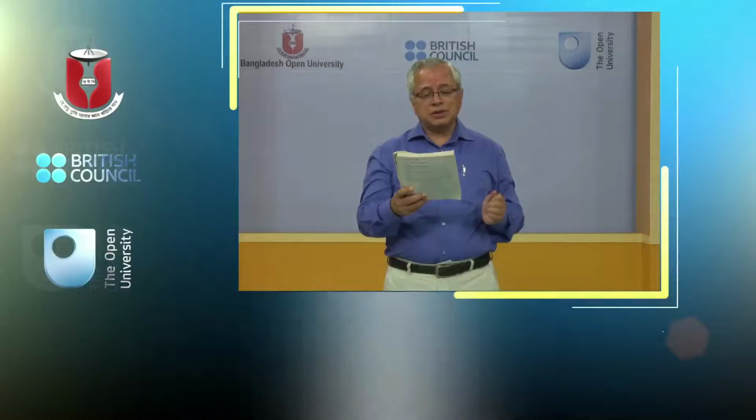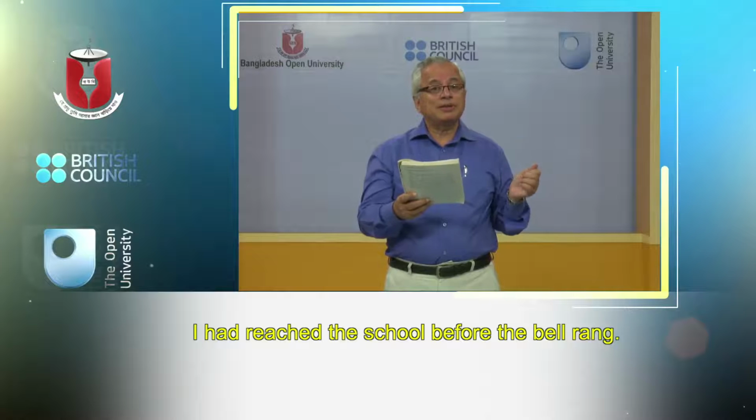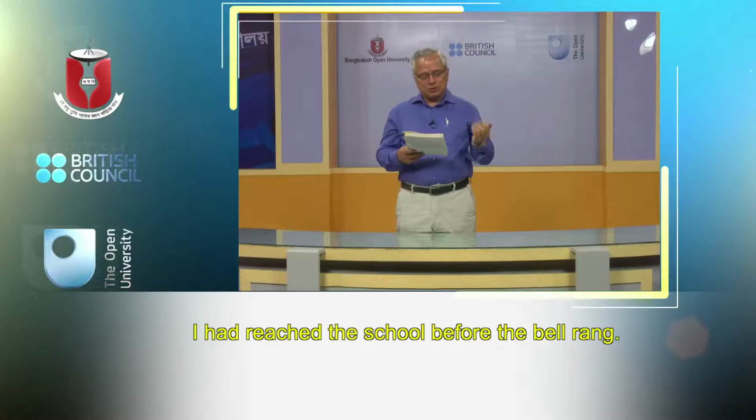Exercise 7, sentence A. Look at this. I had reached the school before the bell rang. So your reaching of the school took place earlier than the ringing of the bell. Then he said that he had finished his lesson. Okay, he finished his lesson, but he said it afterward.